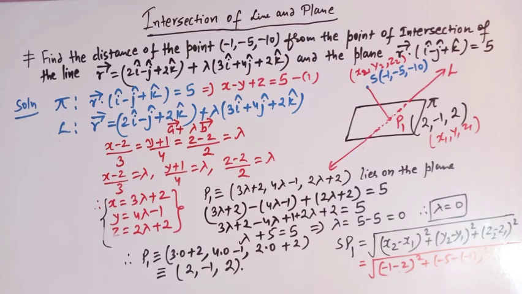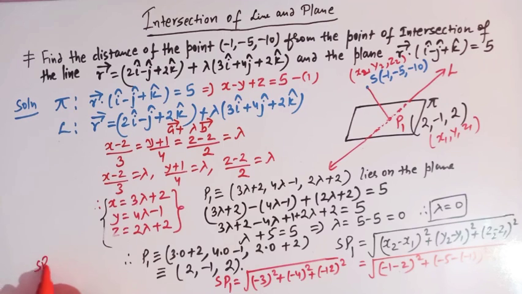So SP1 can be now written as, so this is minus 3 square, and here we'll have minus 5 and plus 1, that is minus 4 square, and here we have minus 10 and minus 2, that is minus 12 square, right?